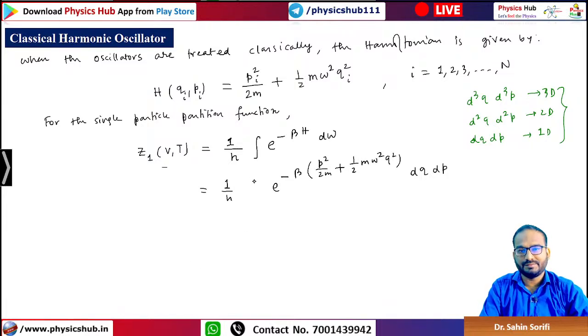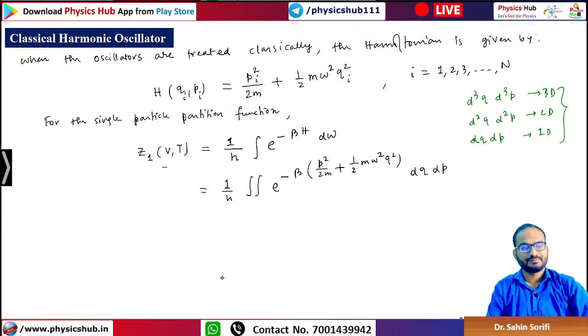Now there are two variables here, q and p. We have to write it through integration.